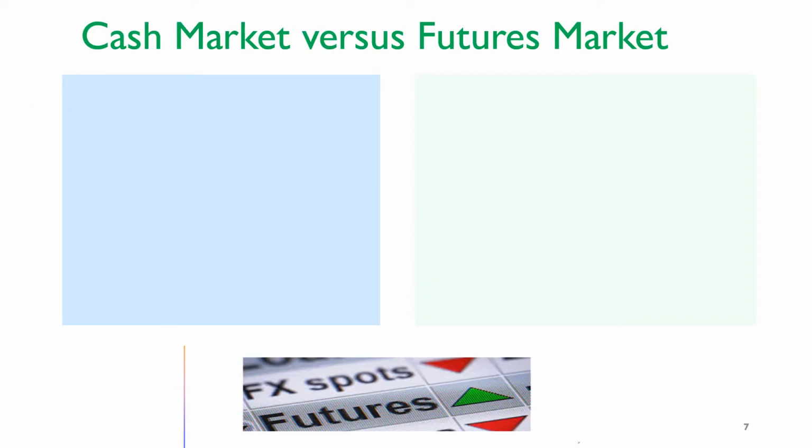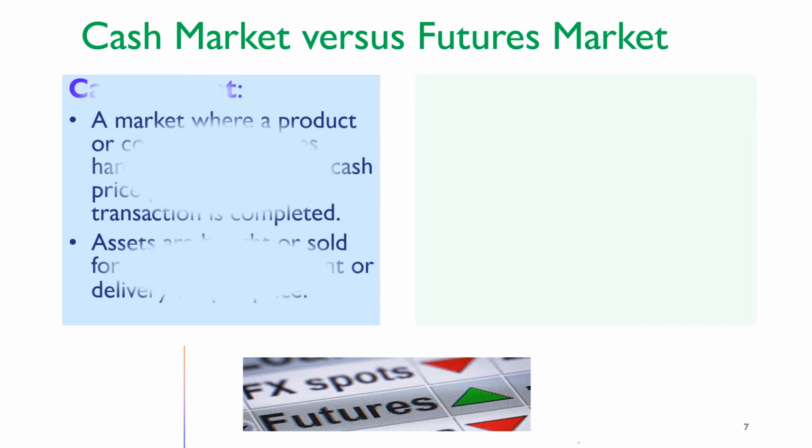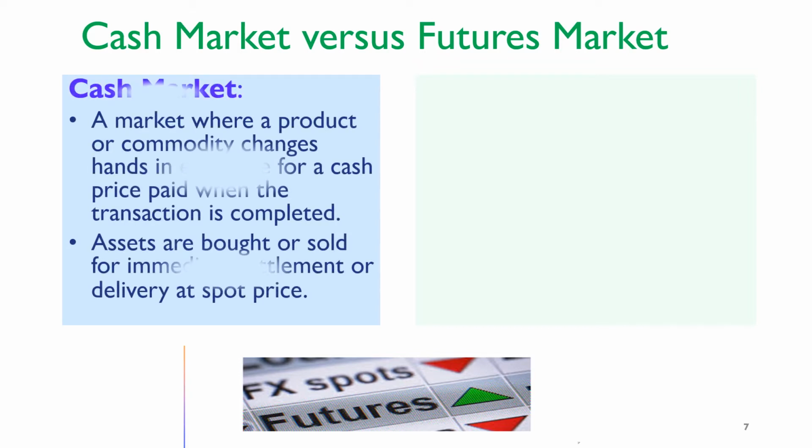What are the key differences between cash market and futures market? Cash market is a market where a product or commodity changes hands in exchange for a cash price paid when the transaction is completed. Assets are bought or sold for immediate settlement or delivery at the spot price.